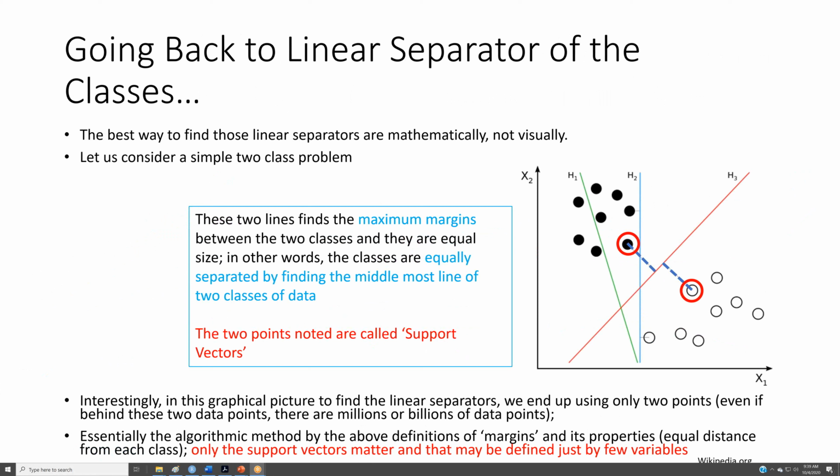SVM refers to support vector machine, please write it down. What the SVM people did was prove something, because the data may not be linearly separable.